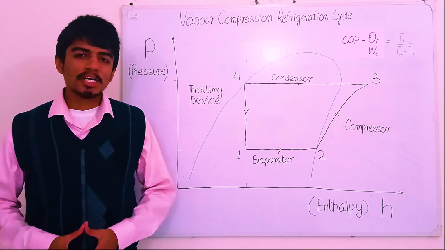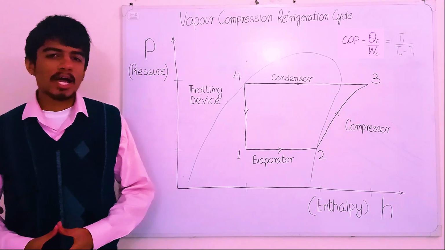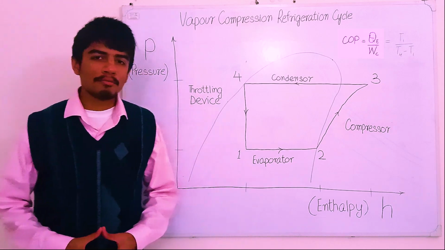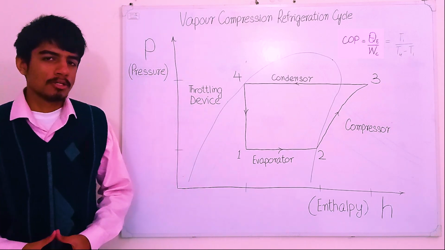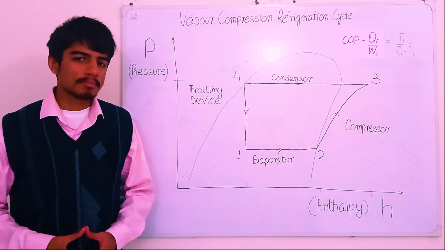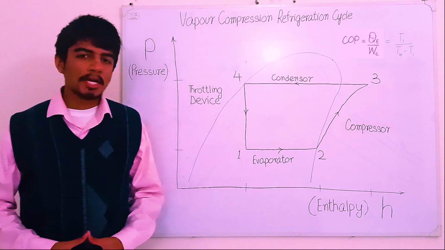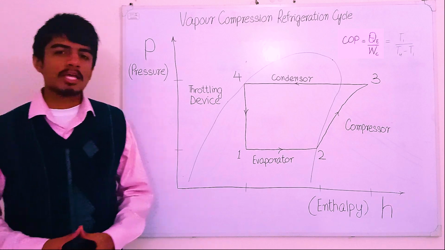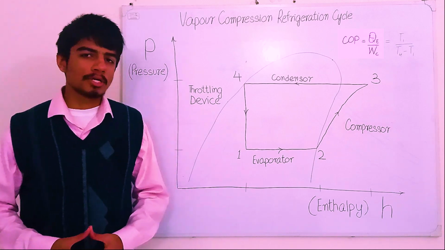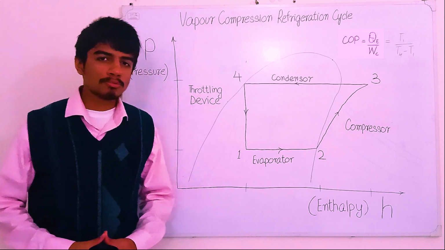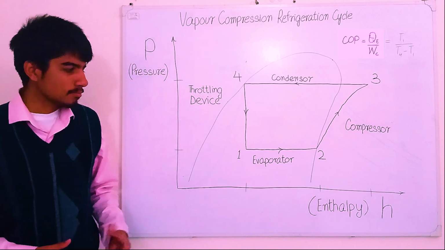In order to make it simpler and easier to understand, I would like to explain this concept by taking the example of air conditioners. So starting from evaporator, in the evaporator of air conditioners, heat exchange takes place between the refrigerant and the room air. The refrigerant circulates inside the tubes of evaporator.